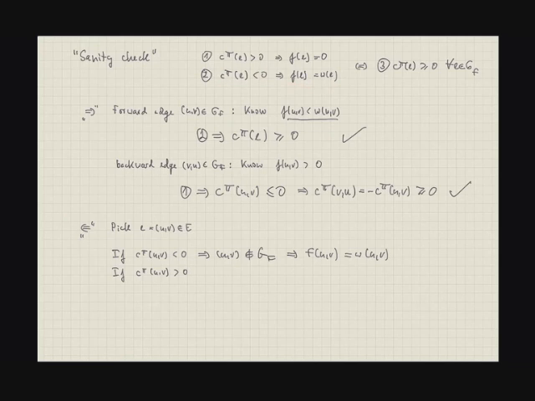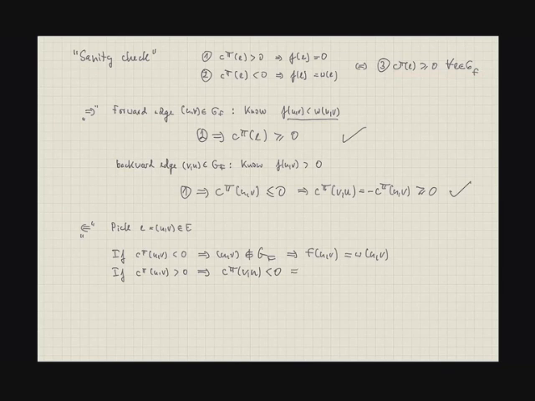Now, finally, if the reduced cost is strictly positive on an edge UV, then I know it's strictly negative in the opposite direction. So the reduced cost from V to U is strictly negative, which again means that the edge in the opposite direction cannot be part of the residual graph, because in the residual graph they are all non-negative.